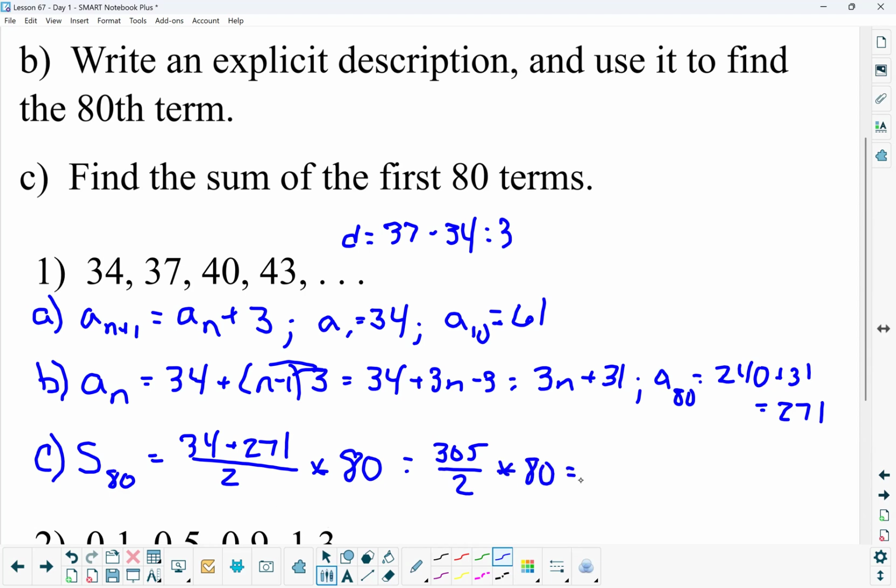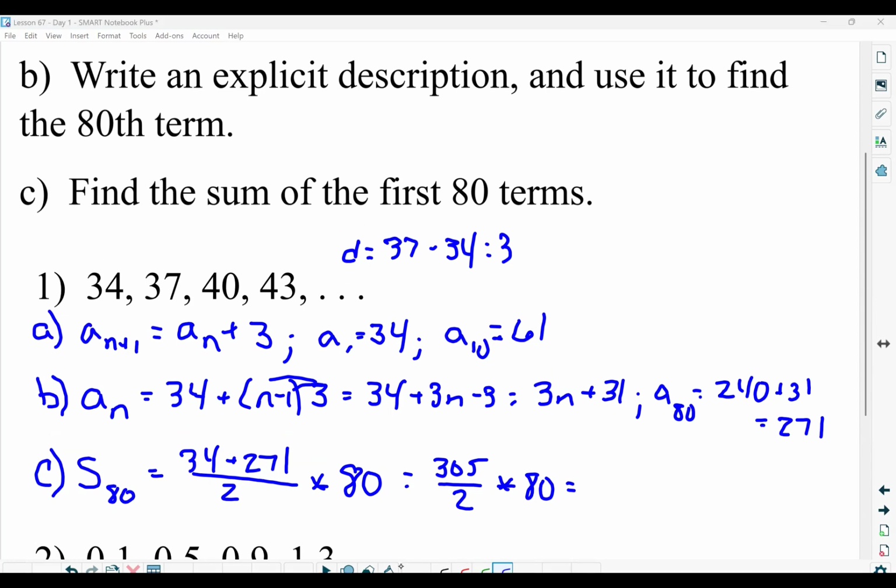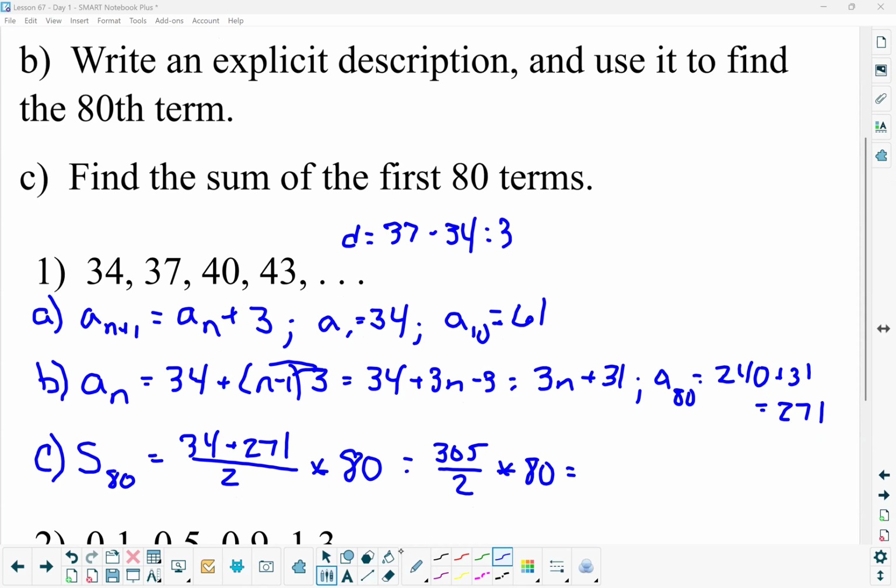And I would just use a calculator to do that. 305 divided by 2 times 80 gives me a total of 12,200.